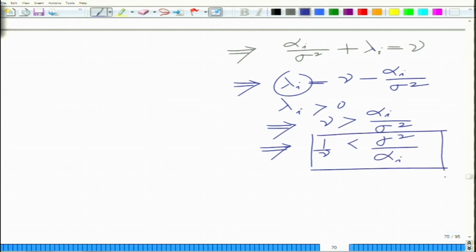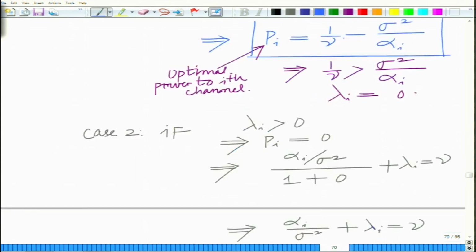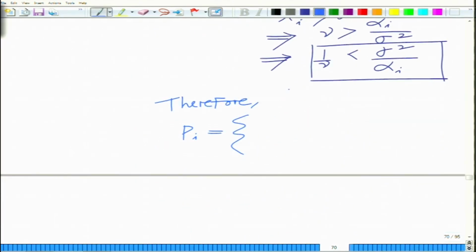Okay. So, there are two cases, and if you summarize it, what is happening is, if you look at Pi, Pi equals 1 over nu minus sigma square by alpha I if 1 over nu is greater than sigma square by alpha I, else Pi is simply 0.